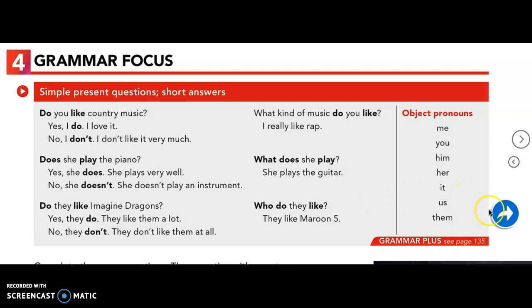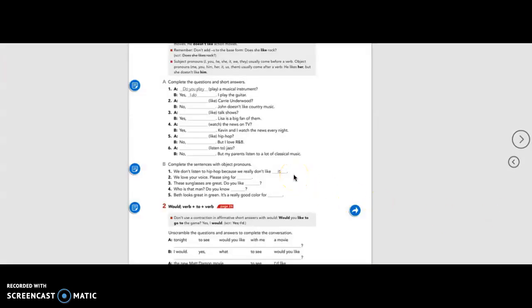What I suggest that you do next is you go to the following page for Grammar Plus, which is page 87, I think. And you are going to see exercise A here and exercise B. Exercise B is about object pronouns, so I would rather have you do first exercise A before you continue.